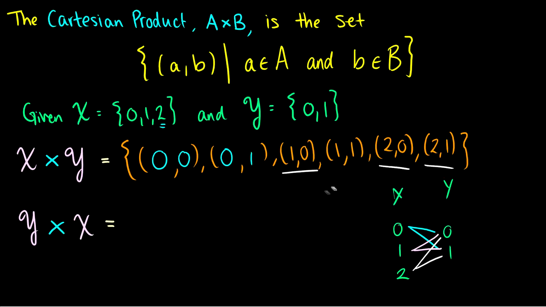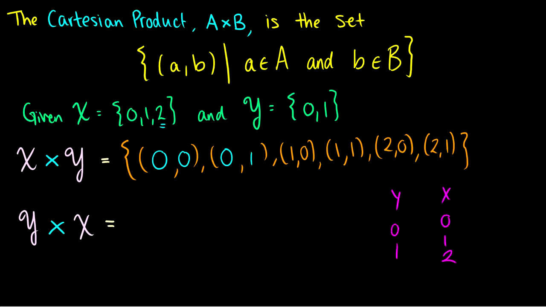Okay, so what does it look like if instead of taking X cross Y, I take Y cross X? Well, visually in this kind of graph here, it's the same thing except reversed. So now I'm doing 0 with 0, 1, and 2, and then I'm doing 1 with 0, 1, and 2.